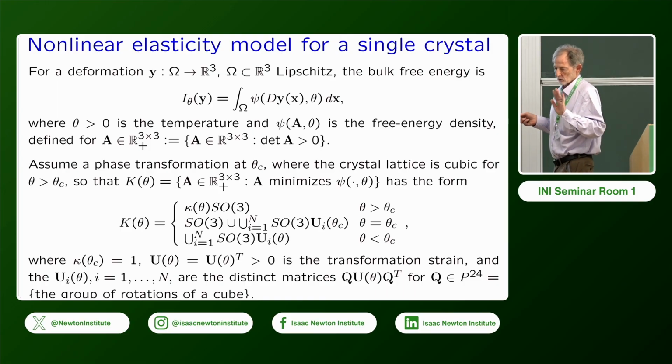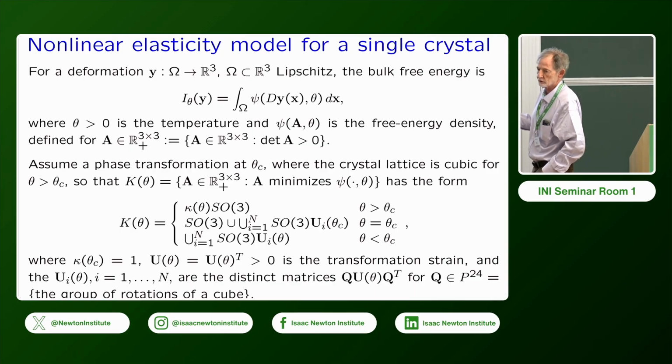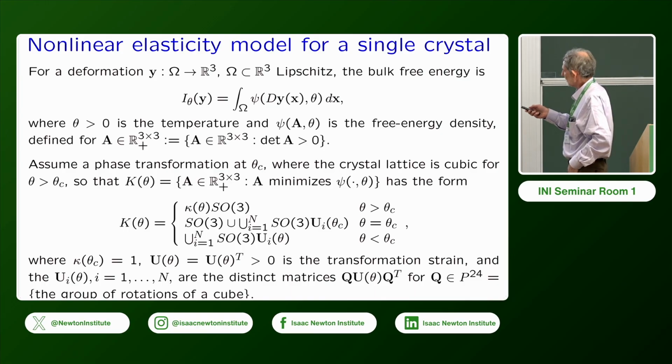Then a minimizer should be given by the identity, y of x equals x, which has the gradient the identity matrix. The identity matrix sits in SO(3), the set of rotations. Why is it SO(3)? Because this function is reasonably supposed to be invariant under multiplying by rigid rotations on the left. That's frame indifference. So this SO(3) here is an energy well corresponding to the cubic phase at the temperature theta critical.